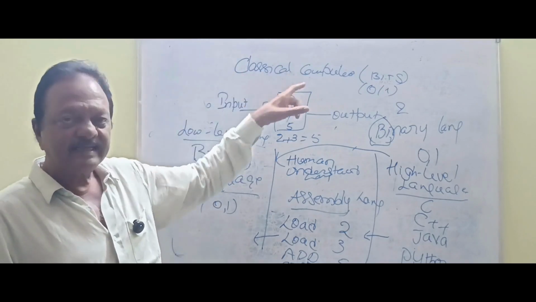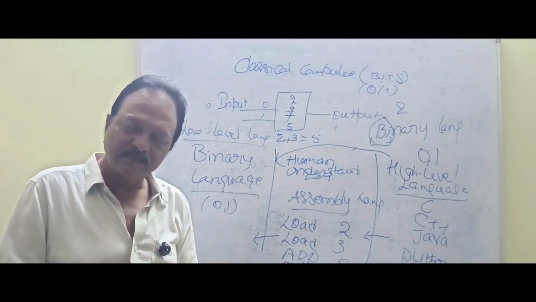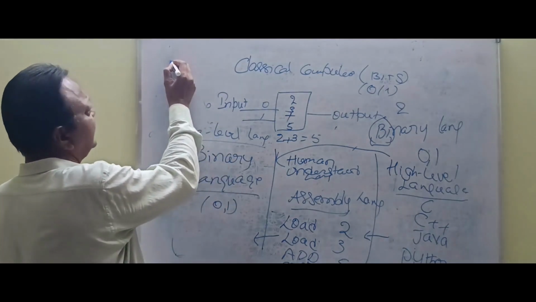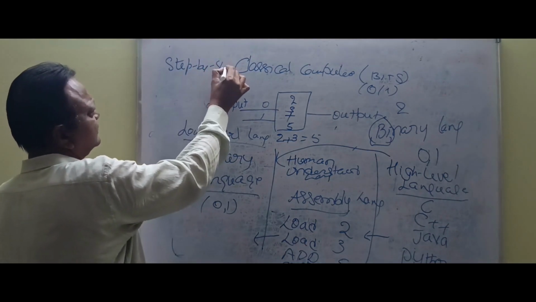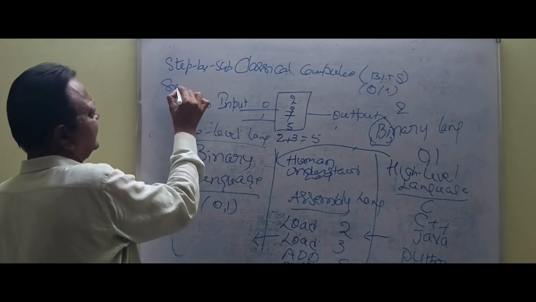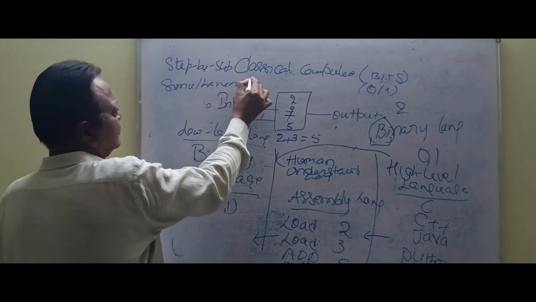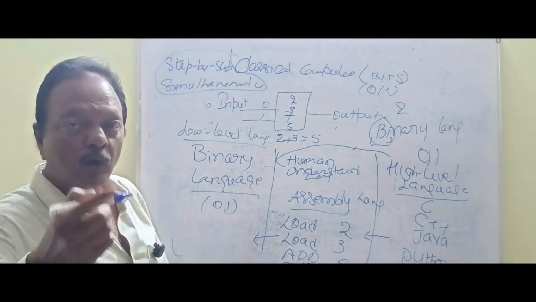In a classical computer, we write a program or give instructions, and it is going to take a step-by-step process, one by one.